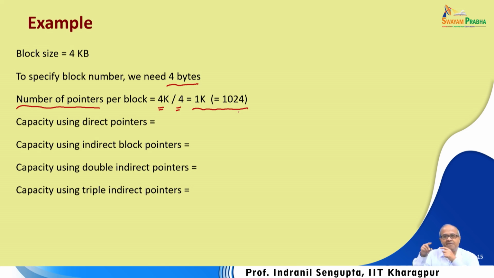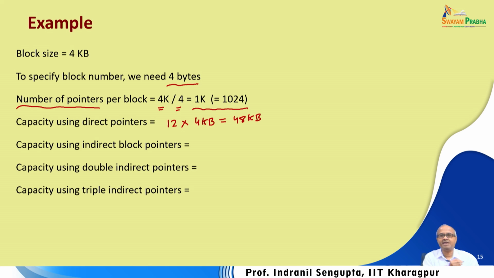So, there are 12 direct pointers, right. So, with 12 direct pointers, how much disk area can I address in total? There are 12 direct pointers multiplied by each block holding 4 kilobytes, 4 KB. So, it comes to 48 kilobytes. So, if your file size is less than or equal to 48 kilobytes, then the direct pointers are sufficient.